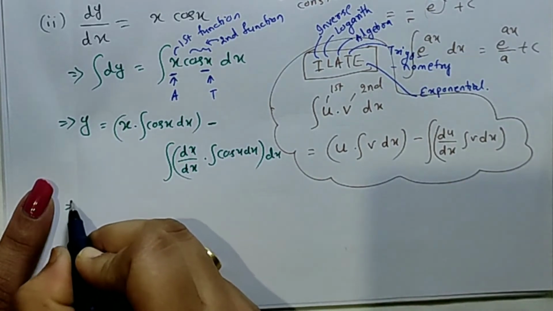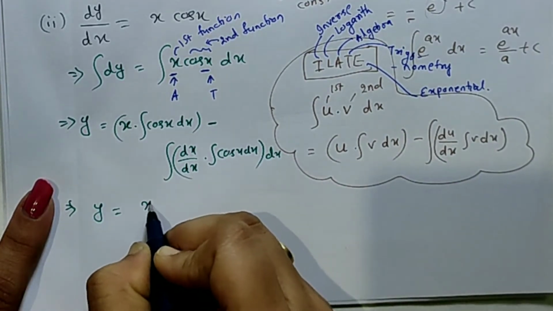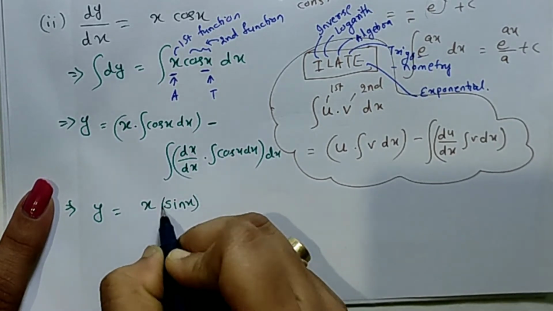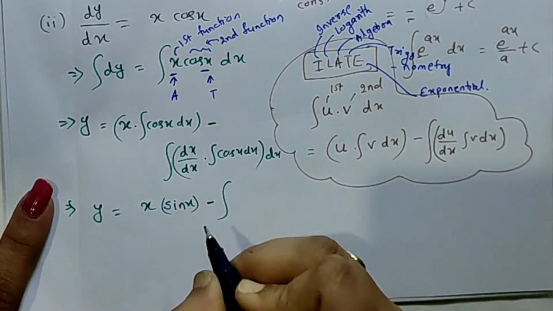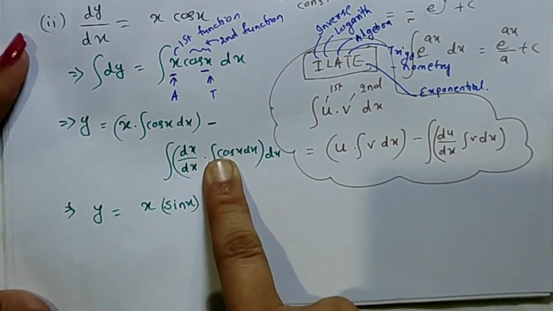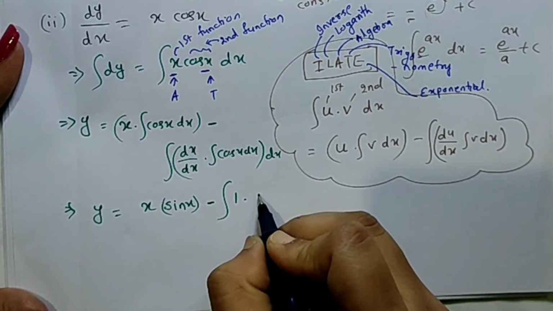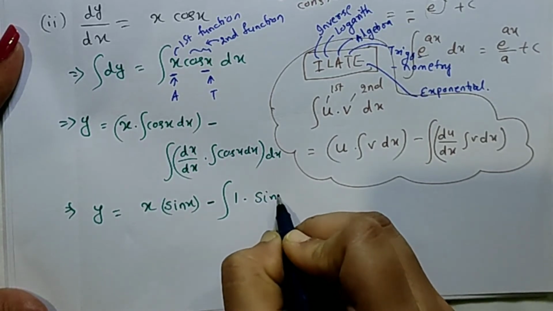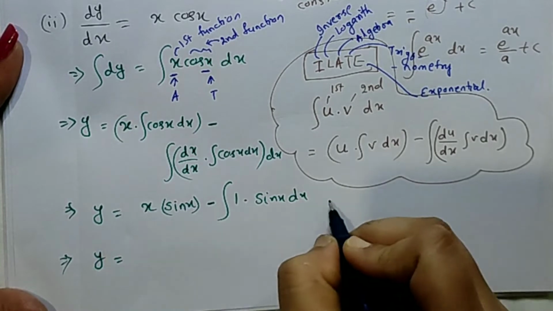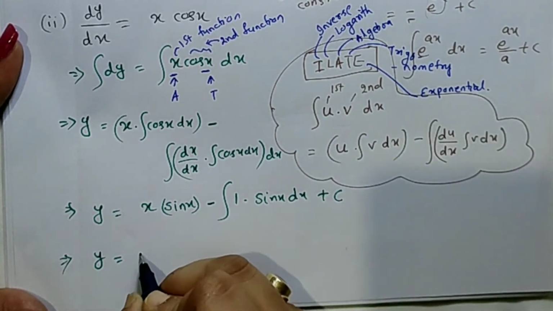Implies that y is equal to integration of cos x will be sin x. We know the integration formula. Minus integration of derivative of x, dx by dx is 1, and derivative of cos x is sin x into dx. Implies that y is equal to plus c. This is the integrating constant.